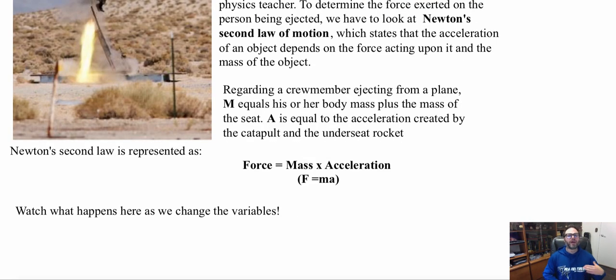So let's take a look at what happens now in this situation of being ejected from a jet engine if we change certain variables. If I end up decreasing my force, my mass remains the same, but that means my acceleration isn't going to be maybe strong enough. And what might end up happening then is I can't break through the windshield of the cockpit. If I increase my force too much, that could be too much force on our mass and cause some problems to our pilot.